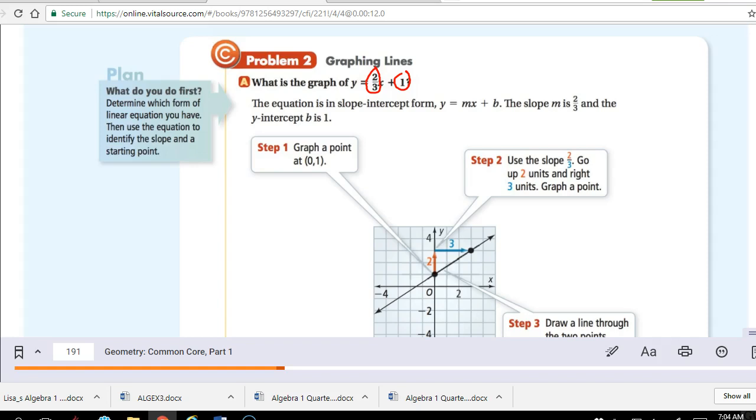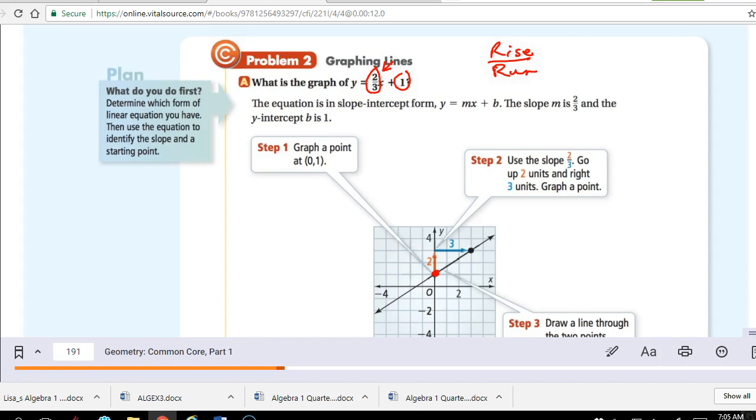So if you'll look down here, we really did start at 1 on the y-axis. Then, step 2, we look at the slope. The slope is 2/3. Remember, we said in the previous problem that slope is rise over run.